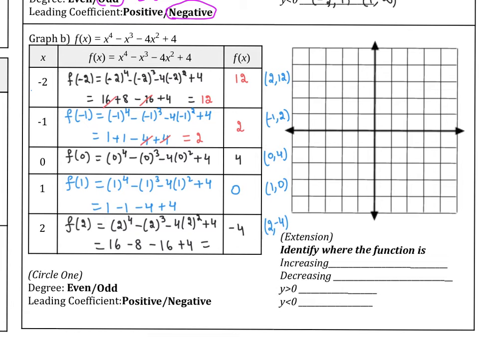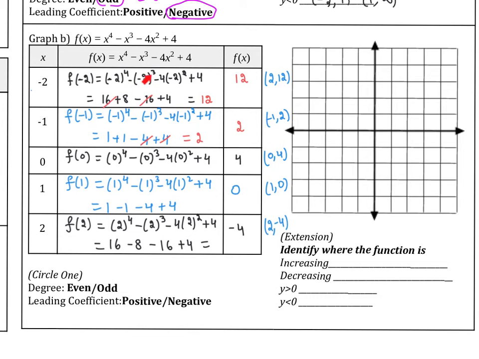So we are going to plug in -2 for x in the function. So -2 to the power 4, -2 to the power 3, 4 times -2 to the power 2, plus 4. -2 to the power 4, since it's an even degree, will make it positive 16. This negative times negative would be positive 8.